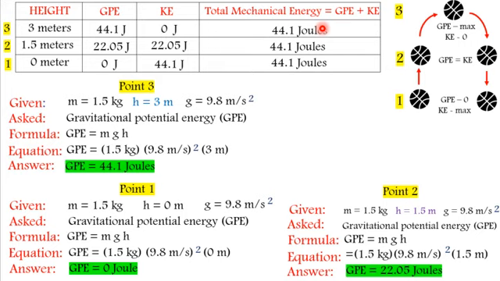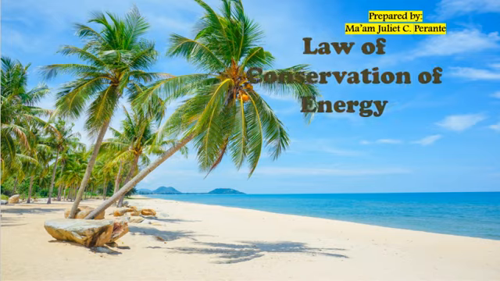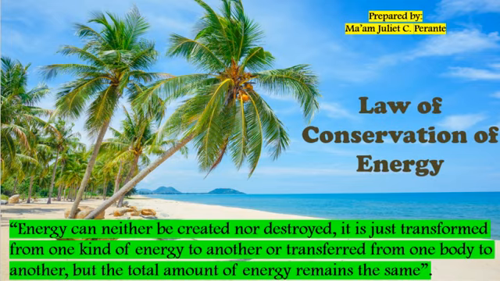That is what we call the law of conservation of energy, which states that energy is neither created nor destroyed, it is just transformed from one kind of energy to another or transferred from one body to another, but the total amount of energy remains the same.